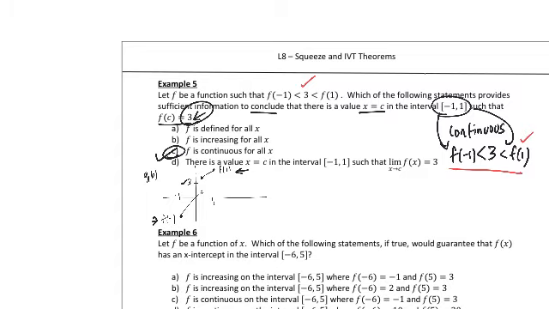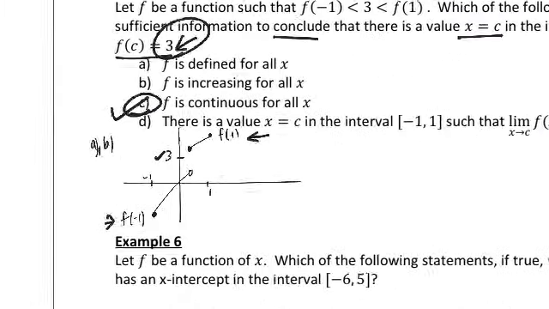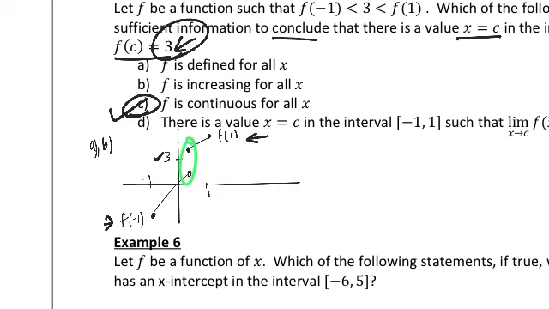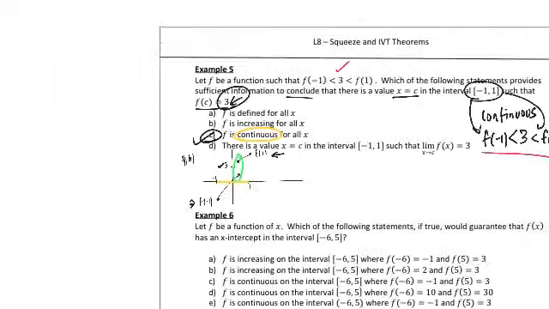However, because there's this break here, we never hit the y value of 3. There's no x value between -1 and 1 where we hit a y value of 3. And that's why for the intermediate value theorem to work, continuity is an essential condition.